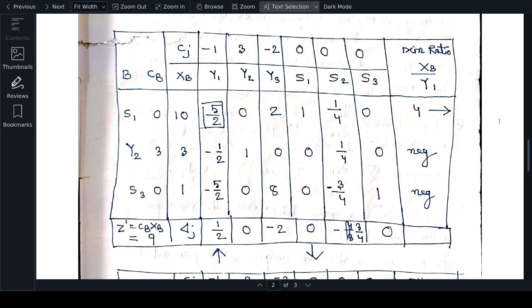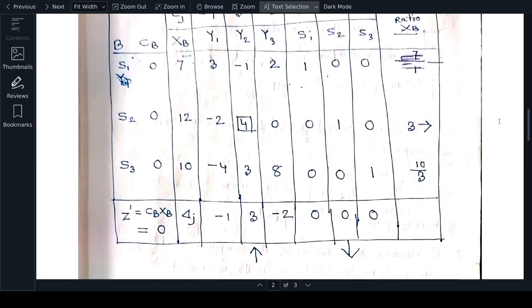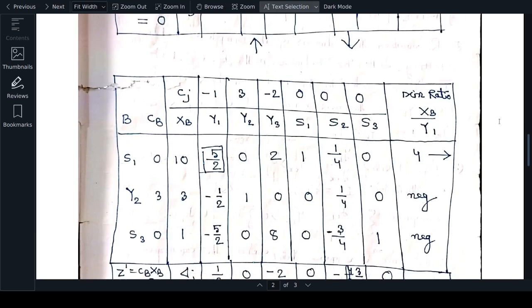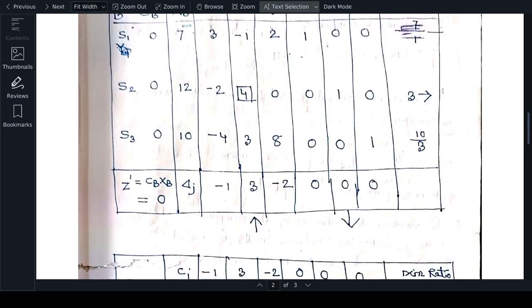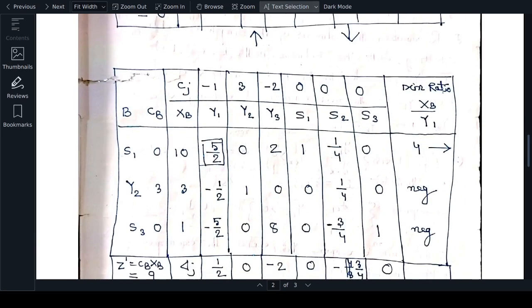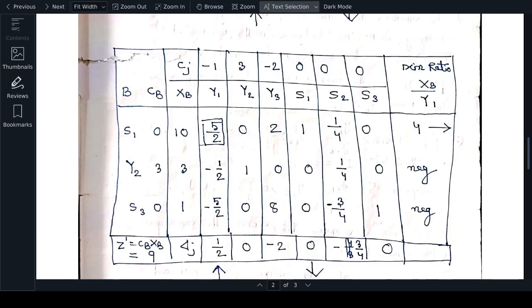So in the B column, first one is S1, same as the first table, then S2 is replaced by Y2, S3 remains the same. Then CB coefficient: S1 coefficient is 0, Y2 coefficient is 3, the objective function coefficient is 3. Then S3 is 0, no problem.